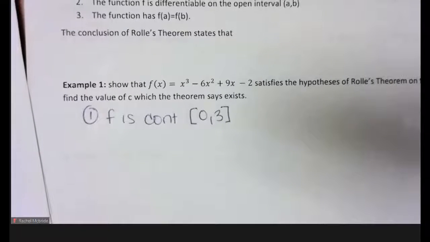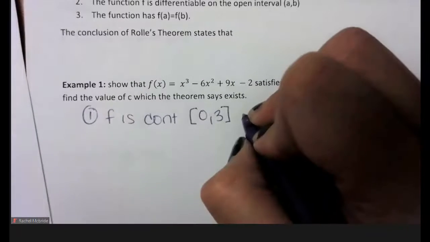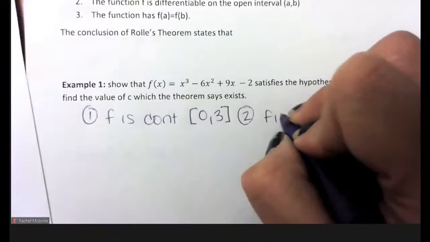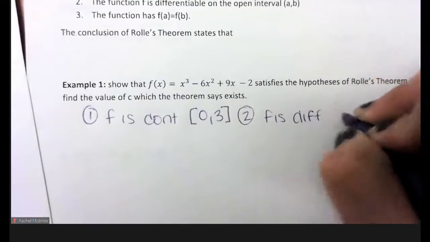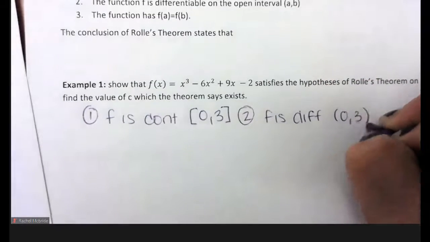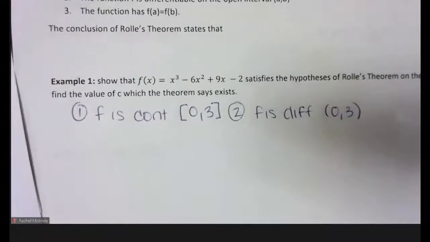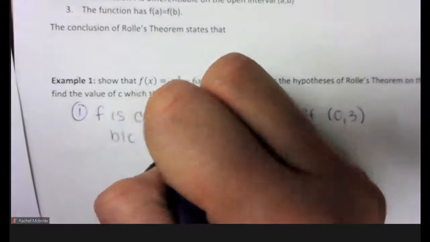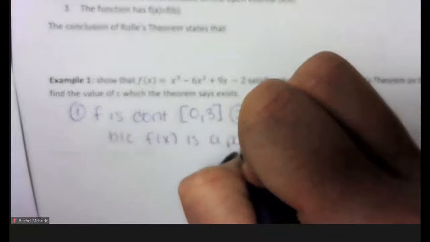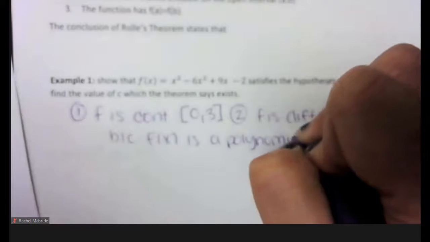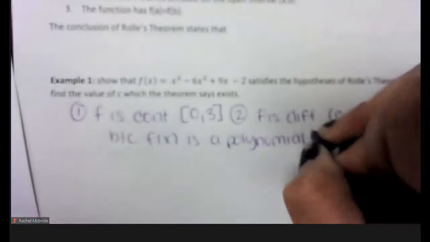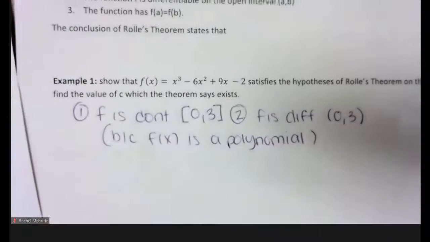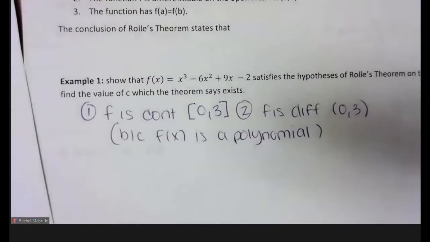So we have to say that f is continuous on its closed interval. We have to say it is differentiable on the open interval. And we know that it is continuous and differentiable because f of x is a polynomial and all polynomials are continuous. So that's just a side tidbit of information.